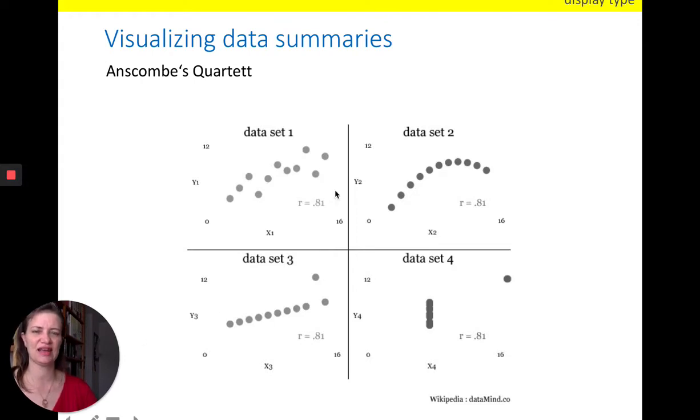So in this case, you can see that the R value is 0.81, 0.81, 0.81, 0.81, while the actual distributions of the data have nothing whatsoever to do with each other. So there are many ways you can get a mean of 50, for example, and you have to be very, very careful what the actual distribution of the data below it is.